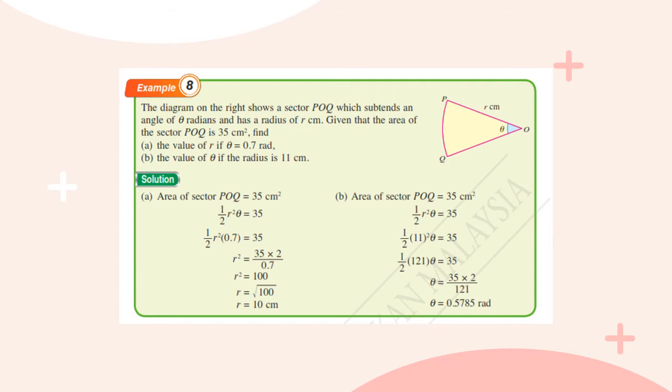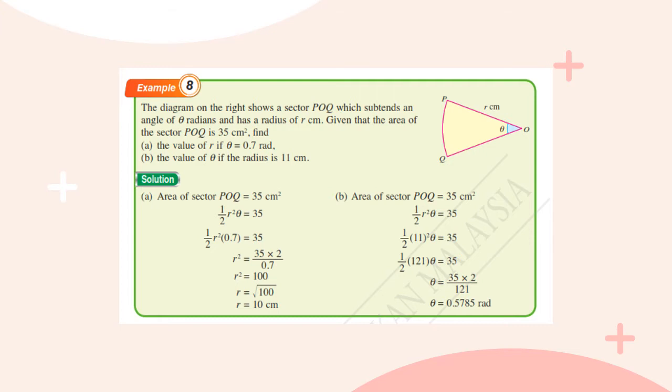From this question, you are already given the area and you need to find either the value of r, which is the radius, or the value of the angle, which is theta. Now let us move to the first one. Using the formula of area of sector, which is 1 over 2 times r squared times theta, we just substitute the values.